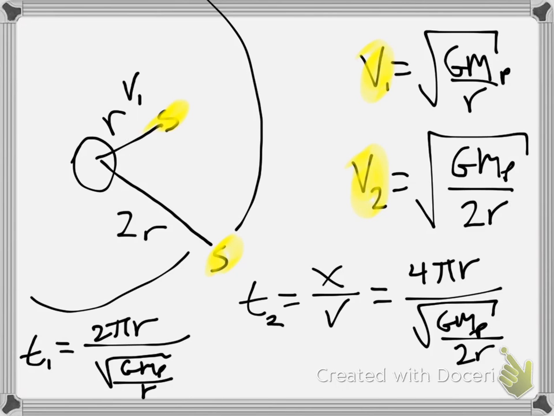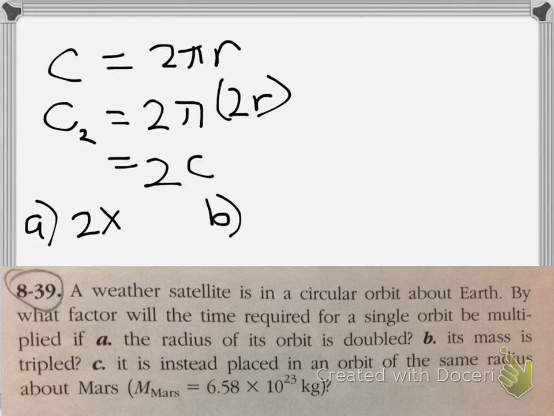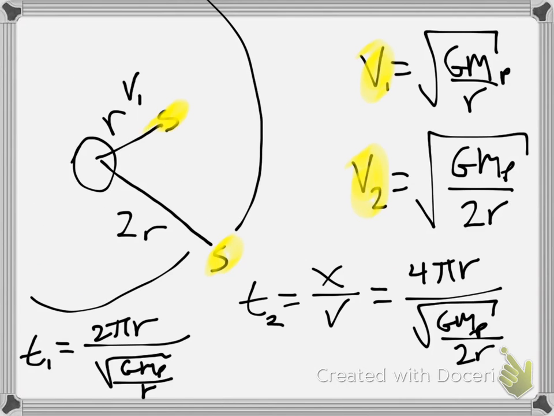And then they said, how many times bigger? What will the time required for a single orbit be multiplied by if the radius of the orbit's doubled? So then how much bigger is the second one than the first one?